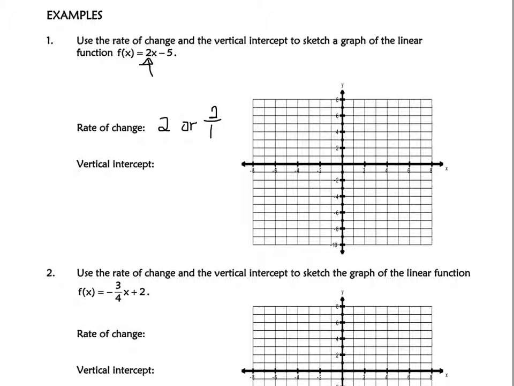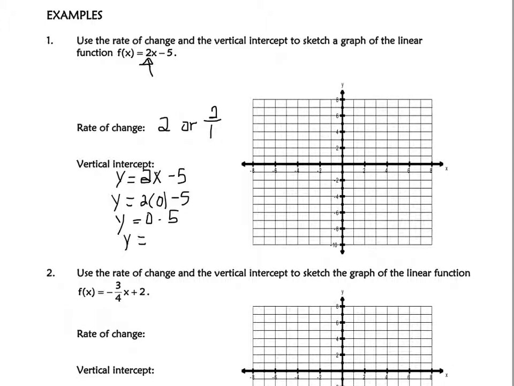The vertical intercept in this case is going to be, we've got y equals positive 2x minus 5. So if we let x be 0, that's going to give you negative 5.